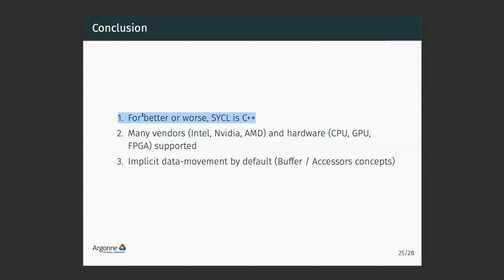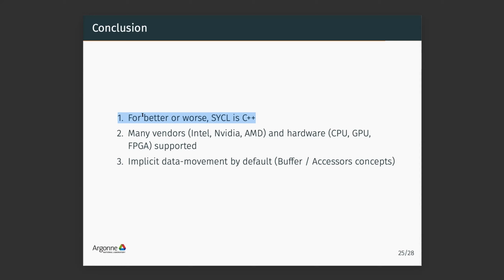So for better or worse, SYCL is C++. I think the goal at the end is to port a lot of this, like Kokkos, to the standards. I think it's really nice, because as you know, the C++ standard is a huge beast that takes forever because they need forward compatibility and everything.